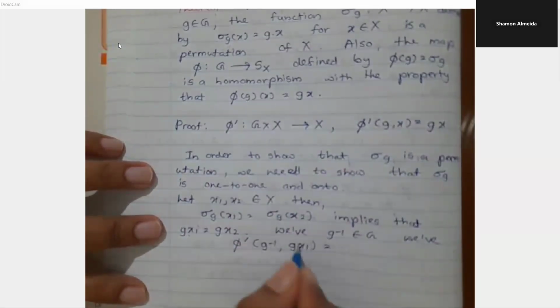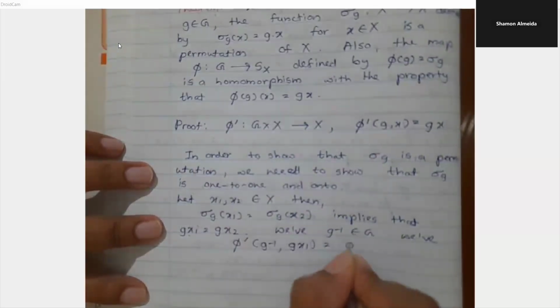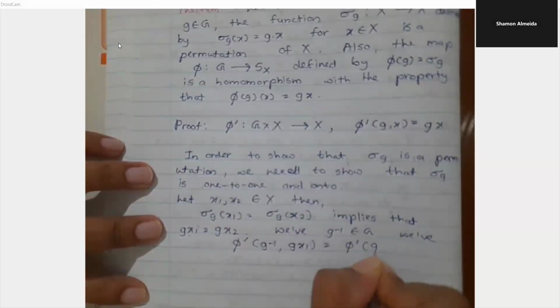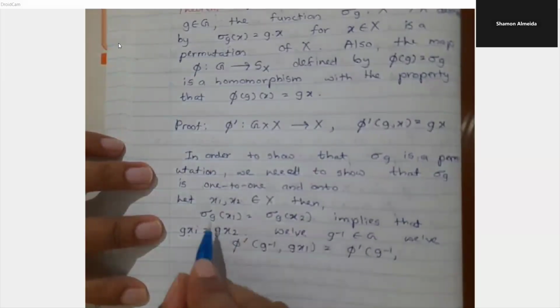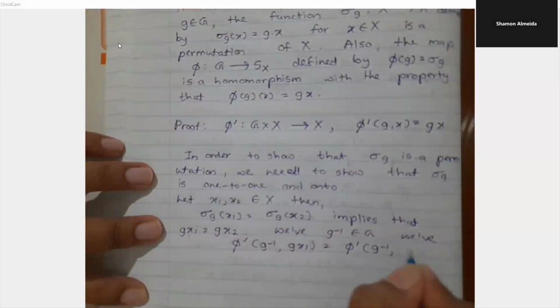We will consider this element in the group action, and this is equal to phi prime of g inverse, gx1 is equal to gx2. So this gx1 I will on this side replace by gx2.